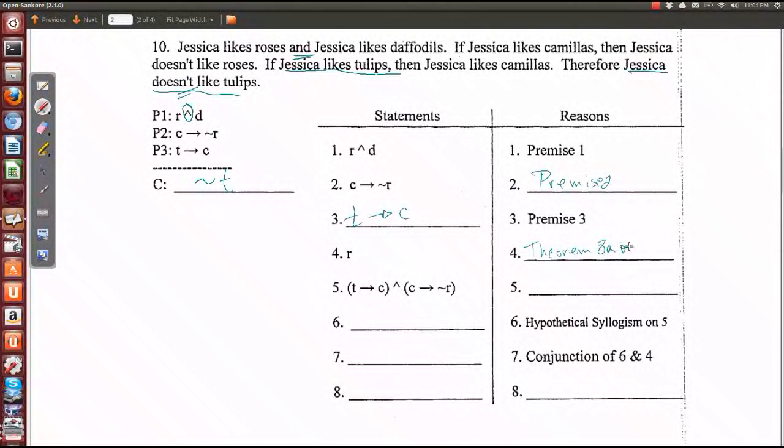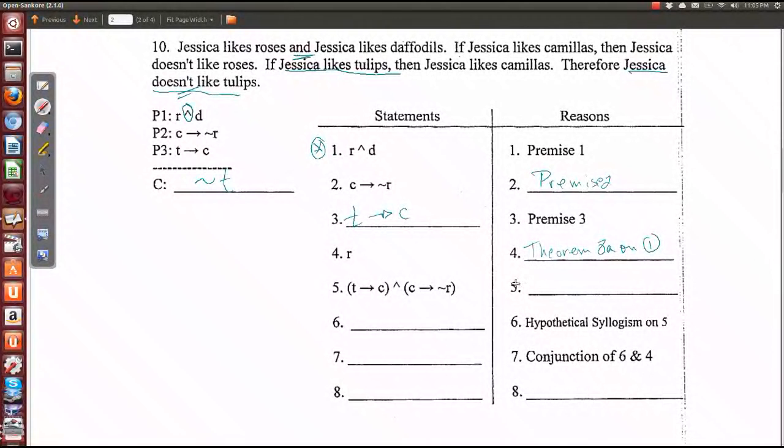I'm using theorem 8a on line 1, and when we've talked about this in class, I could use D as well. I can make a separate line for D. I'm not going to do that for 2 reasons.